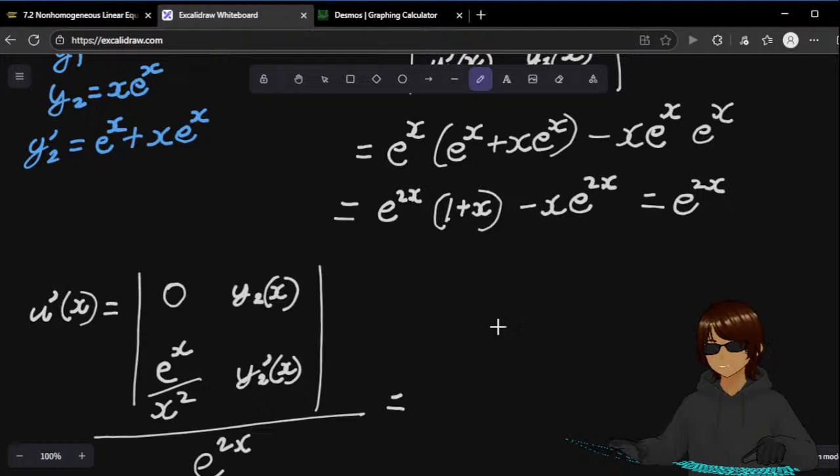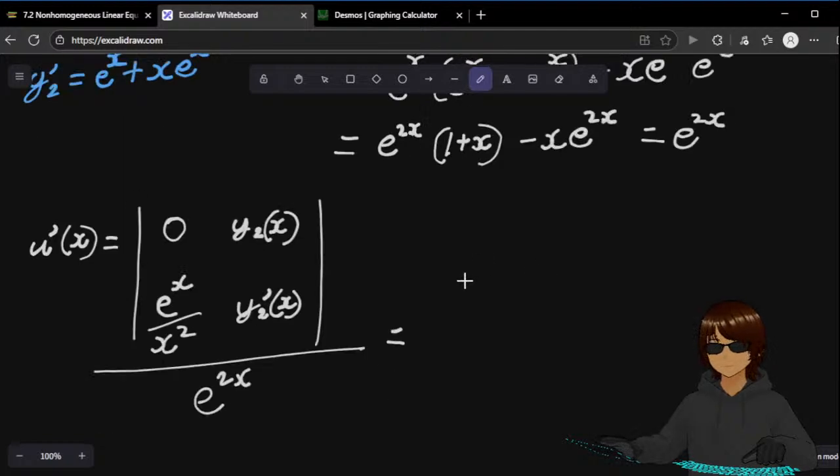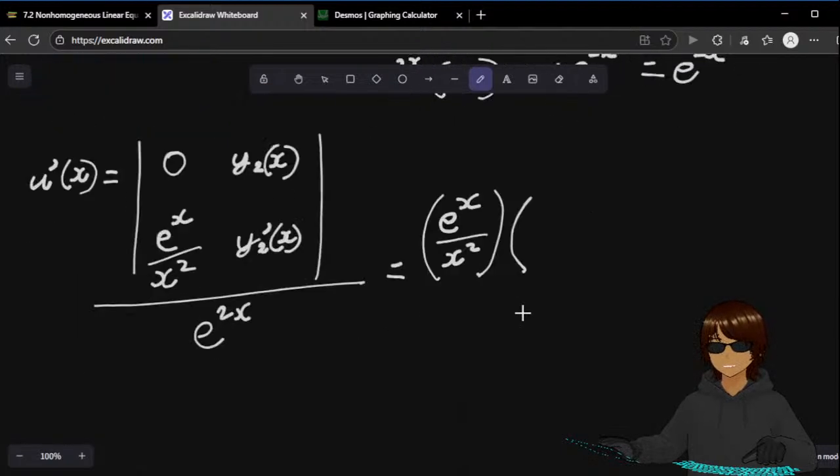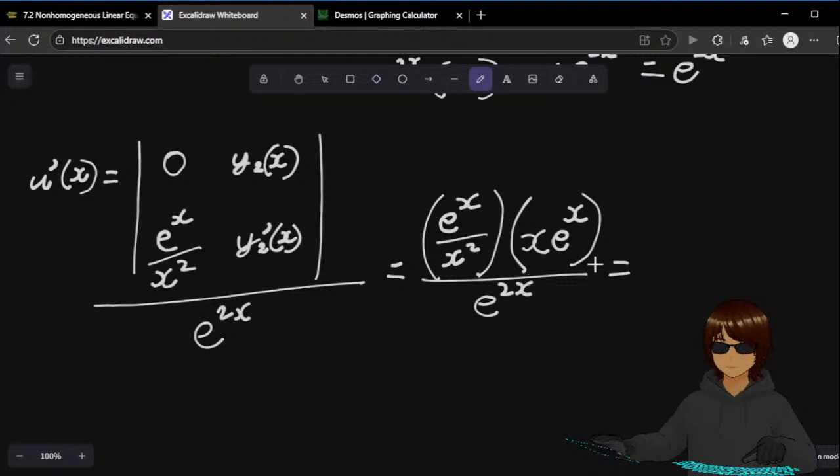We need to substitute this in. e x square, this x, this, and then e to x. ex will make e2x, but this will cancel out with this. And x square will cancel out.